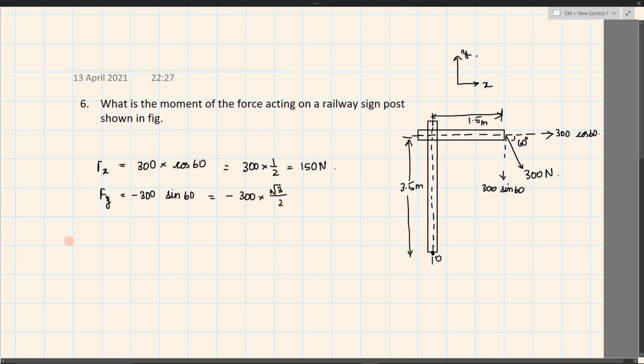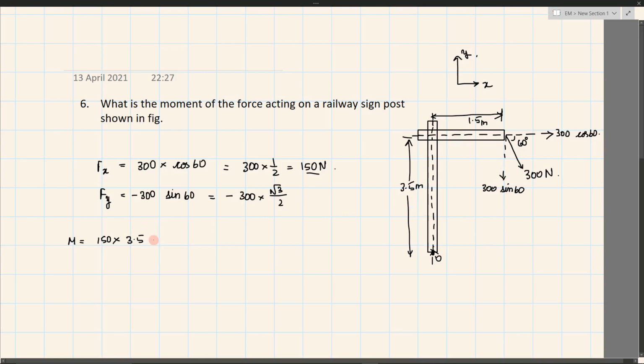Okay, so the moment would be force into perpendicular distance. First, this force would be trying to rotate this post in clockwise direction with respect to point O. So this would be positive, that is nothing but 150 into the perpendicular distance, which is 3.5. The second force is also trying to rotate this signpost in clockwise direction.